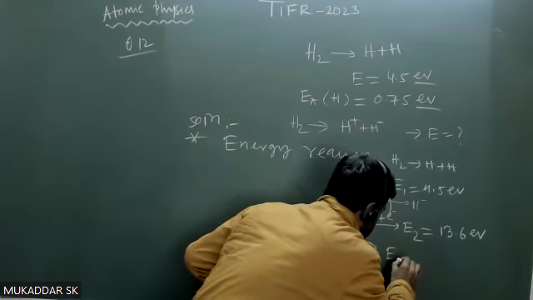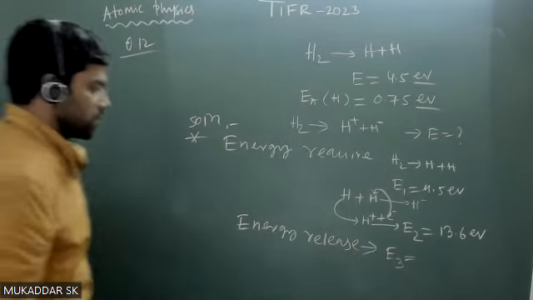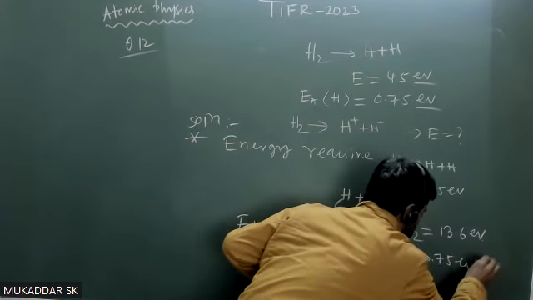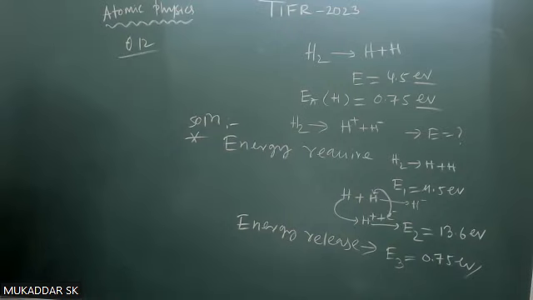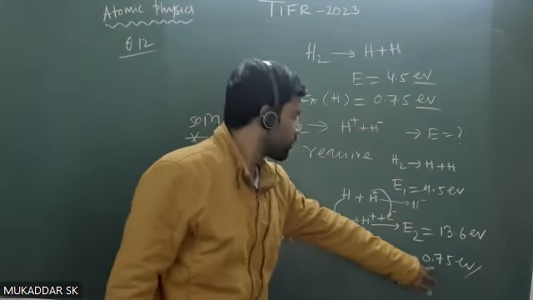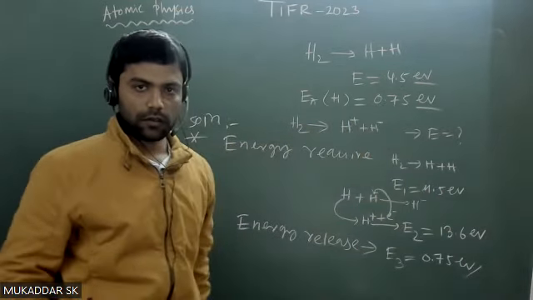So the energy release will be E3, and that will be 0.75 electron volt. The value of energy release is nothing but the value of electron affinity, which is given as 0.75 electron volt.